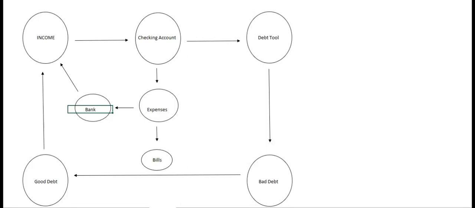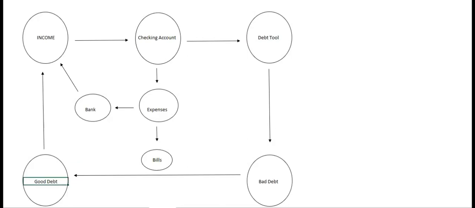So, you don't want to drain it to empty, but you do want to utilize it if you really feel that you can make a better return than the 4% guaranteed in the dividends and interest that you're getting. Then you want to pull some of this out to use it, replenish your debt tool, and then use it to buy good debt to produce more income and increase this bank higher and higher.